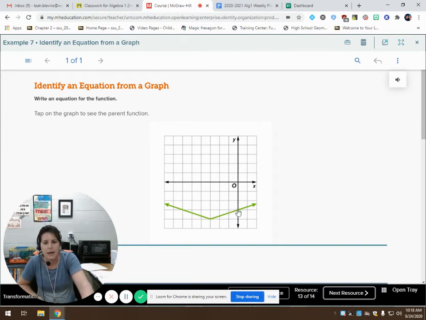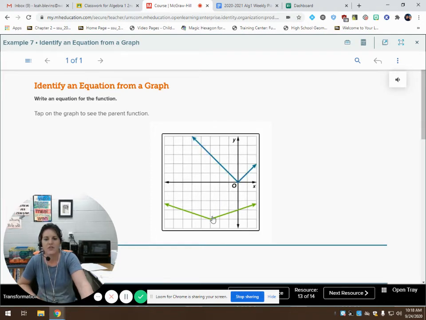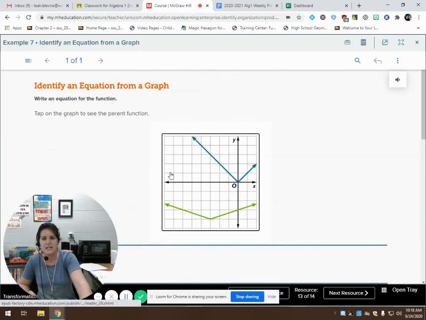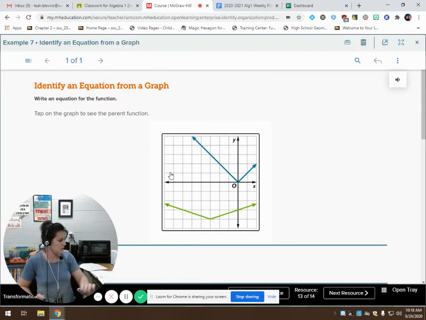It has a vertex here at -3, -4. So that's my h is -3, my k is -4. So all we have to do now is fill it into our equation.